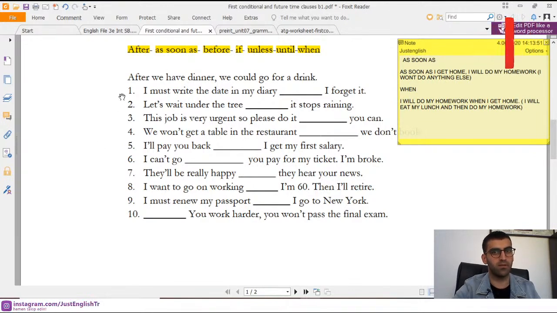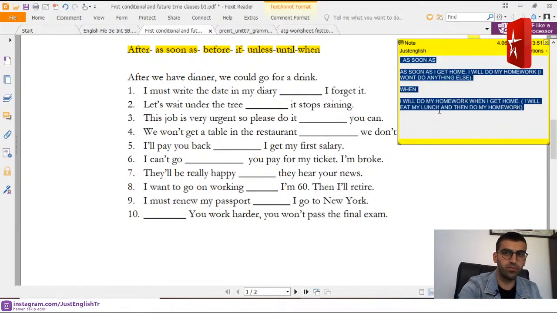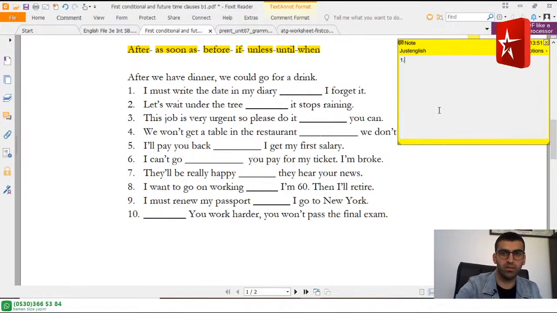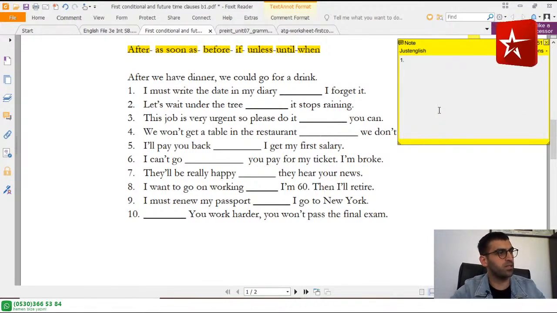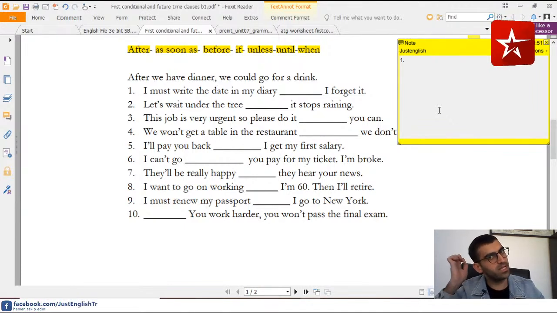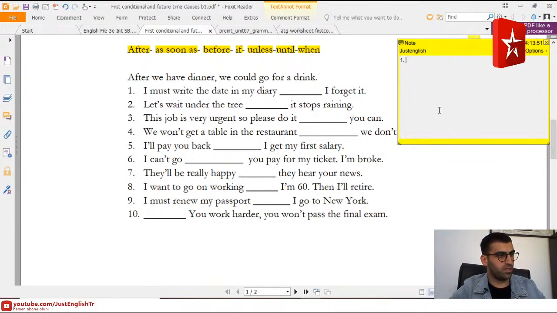Let's start from number 1. What about number 1? What do you think? What is the correct answer for number 1? I must write the date in my diary. Okay, so what should we write here?